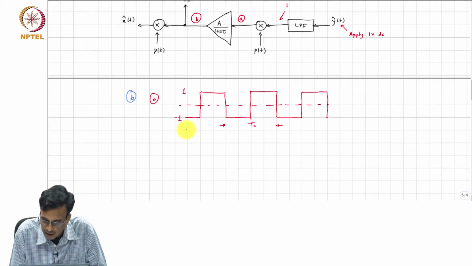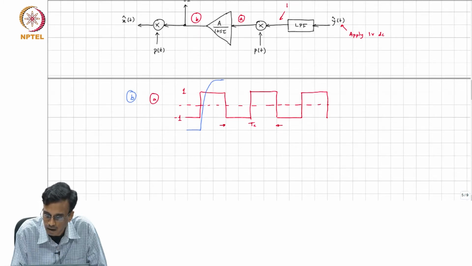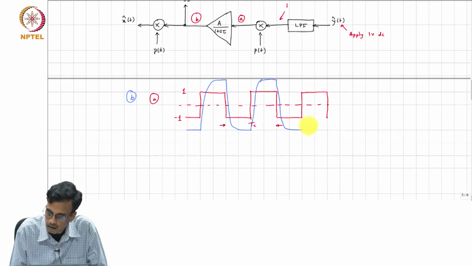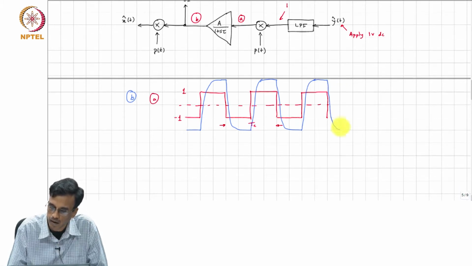Yeah, it will basically do this, and if tau is much smaller than Tc by 2 or Tc equivalently, we will do this, then do this, and so on, right.